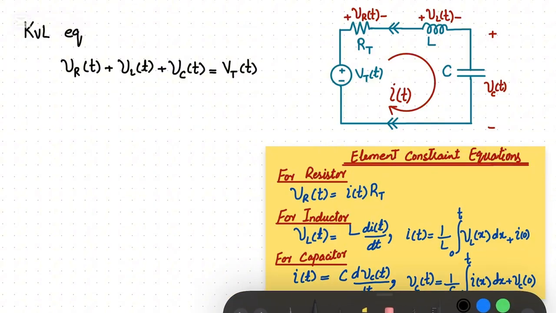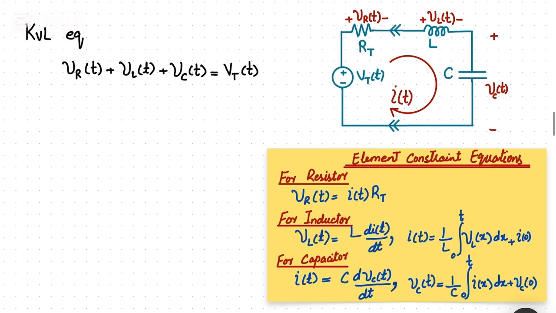This is the same circuit, and we are trying to write the differential equation in the form of the second state variable, which is the inductor current. In that case, we know that Vr of t can be written as I of t into R, plus VL of t, which is L times the derivative of the inductor current, plus Vc of t.